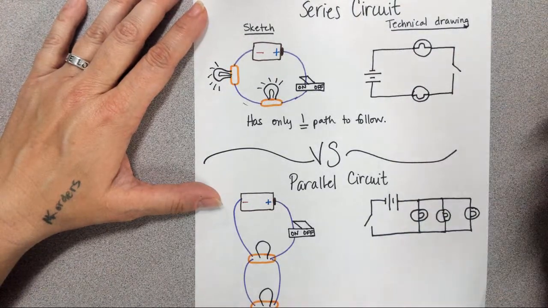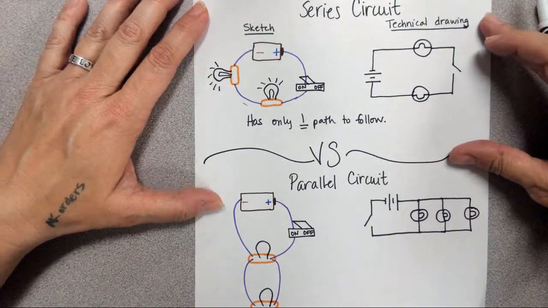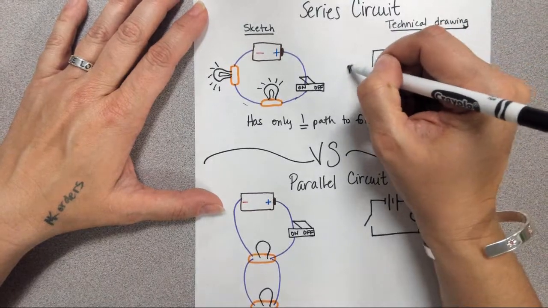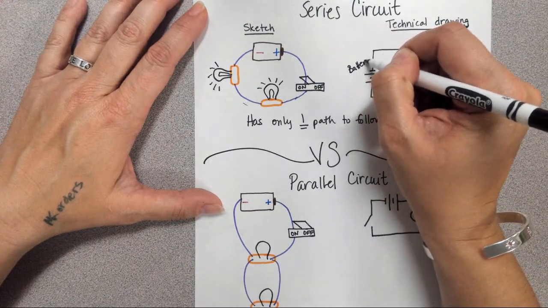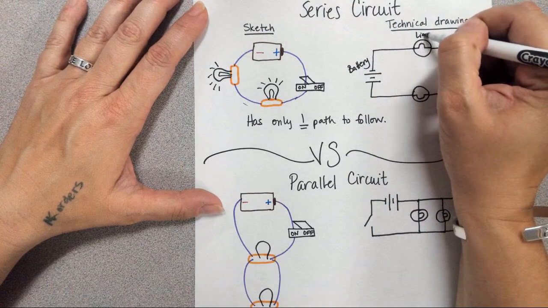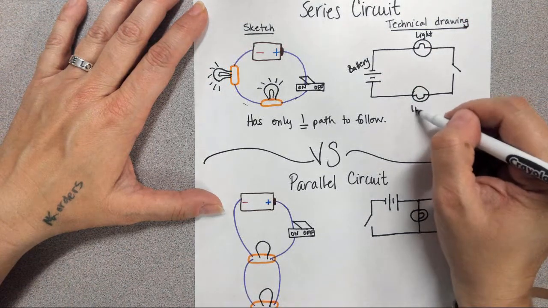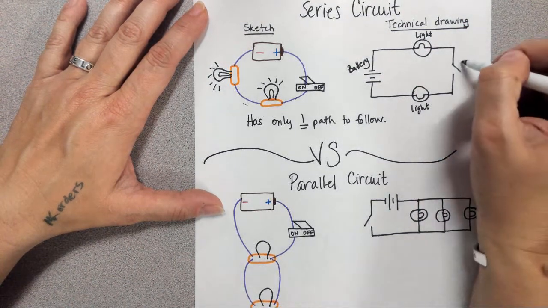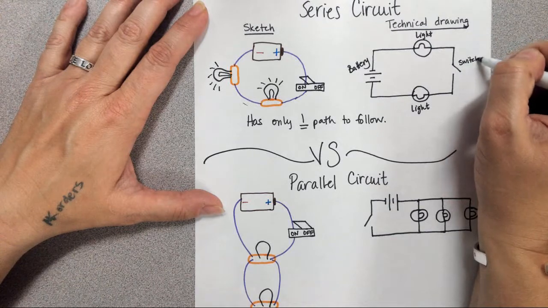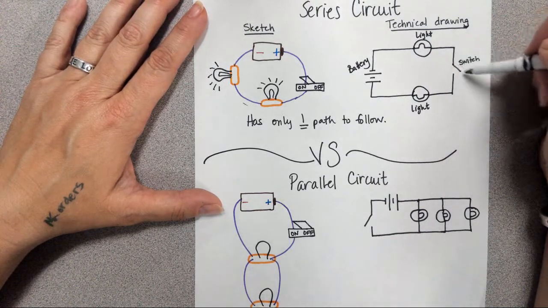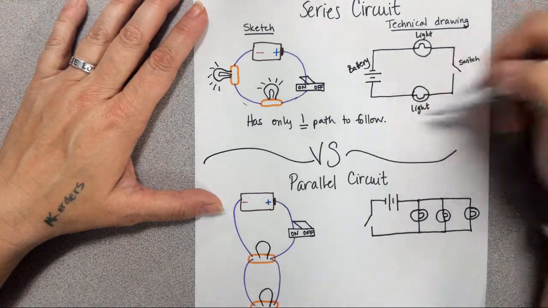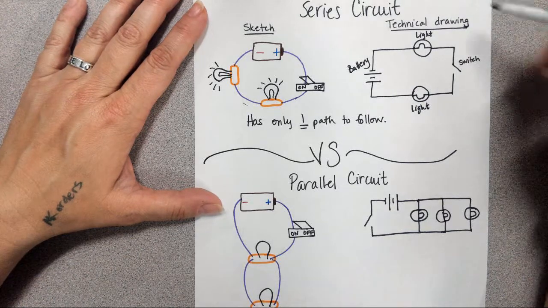So here is a technical drawing of a circuit. This here is my battery, this here is my light, and I have another light. And then this is a switch. Now, this is open, so are these lights working? No, they are not.